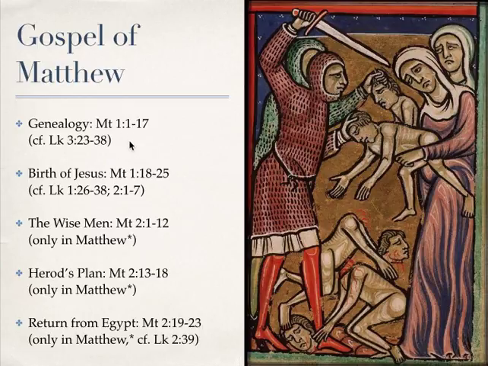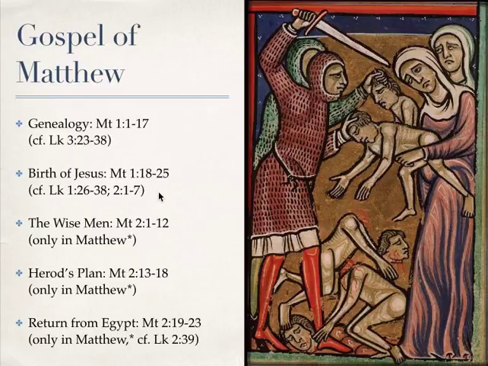Neither one of these genealogies is in the Gospel of Mark, and it's totally absent in the Gospel of John. So Matthew and Luke are doing very different things with Jesus' genealogy. They go back to different places and they go in different directions. So read them carefully and pay close attention to how different they are.